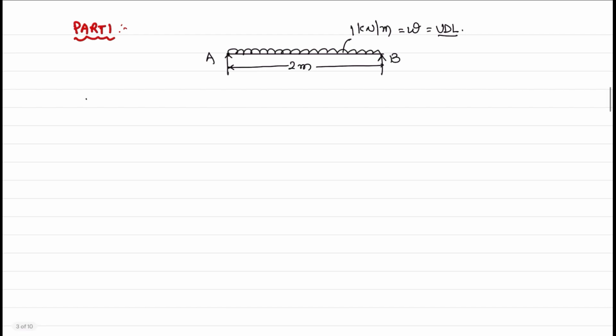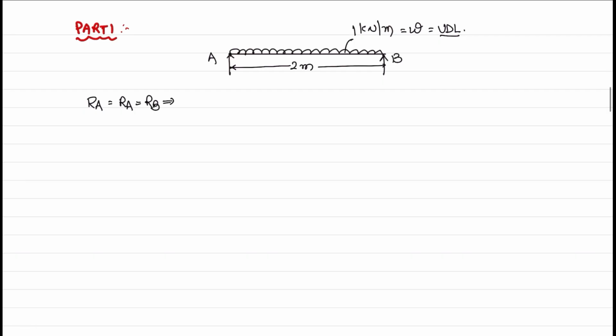Now, from symmetry, as we have already calculated in the previous classes, reaction at A is equal to reaction at B, which is WL by 2. W is 1, L is 2, divided by 2. That means the reaction is 1 kilonewton.